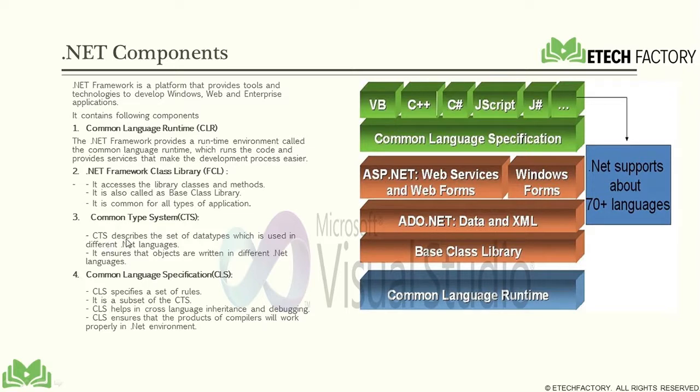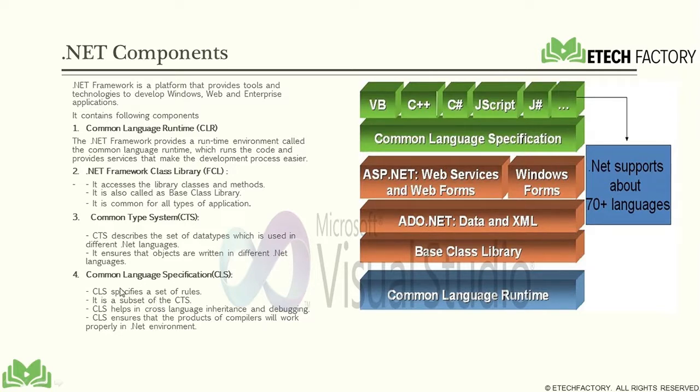The Common Type System describes the set of data types which are used in different .NET languages. It ensures that objects written in different .NET languages are compatible. For example, string, enum, classes, interfaces. These are all the different data types which come in .NET languages.